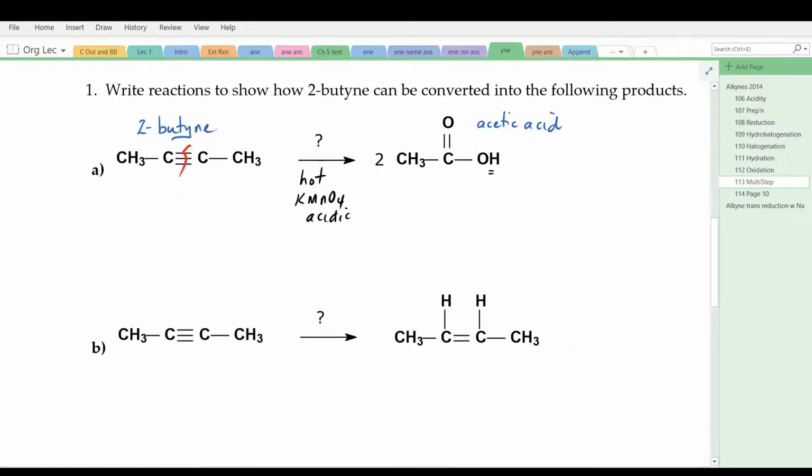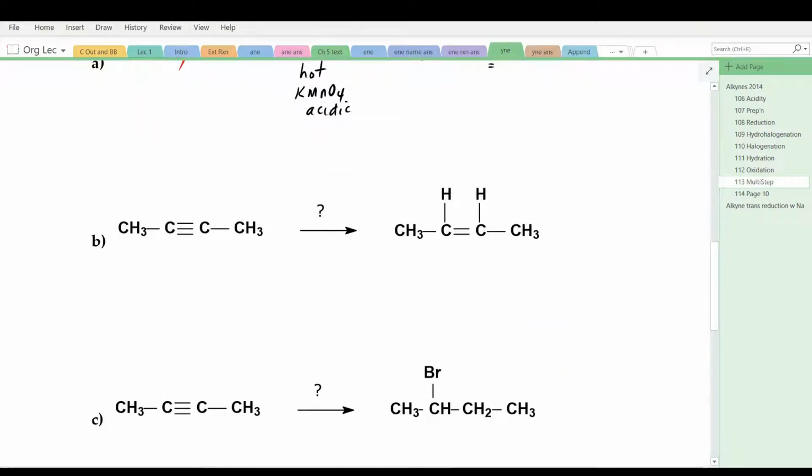Well, that was a single step reaction. Let's try the next one. Again, we start with 2-butyne, and we're forming in this case cis-2-butene. So this is a partial reduction. If we use hydrogen on Lindlar catalyst, which is a deactivated form of palladium, it does indeed produce the cis-alkene.